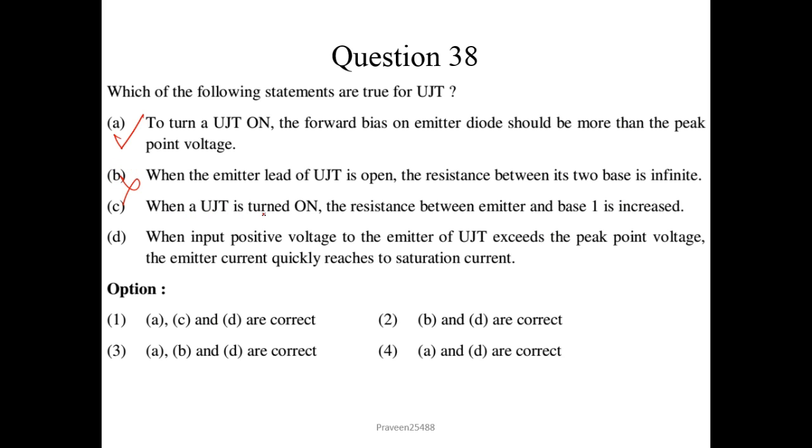This is not correct. When a UJT is turned on, the resistance between emitter and base 1 is increased. This is also not correct. When input positive voltage to the emitter of UJT exceeds the peak point voltage, the emitter current quickly reaches the saturation. This is correct. So A and D is the correct option. So fourth one is the correct.